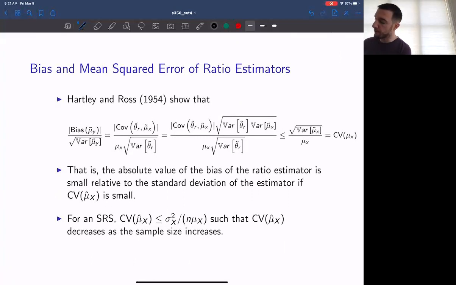So for a simple random sample, the coefficient of variation for mu hat x will be less than or equal to the variance of x divided by n times mu x, such that the coefficient of variation of mu tilde x will decrease as the sample size increases, right?